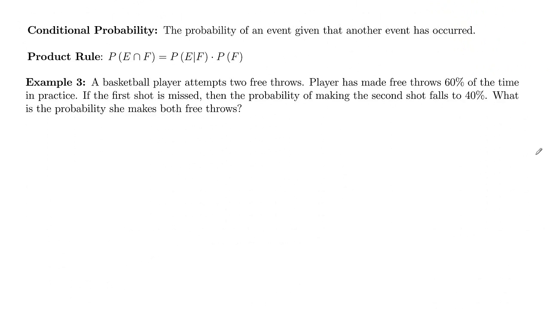So conditional probability is the probability of an event given that another event has occurred. So you're finding the probability of one event given that another event has occurred.